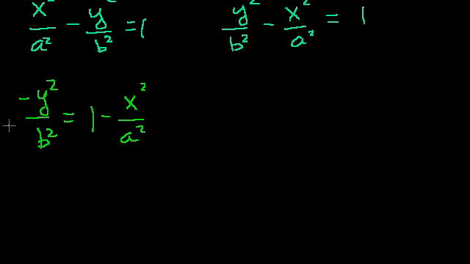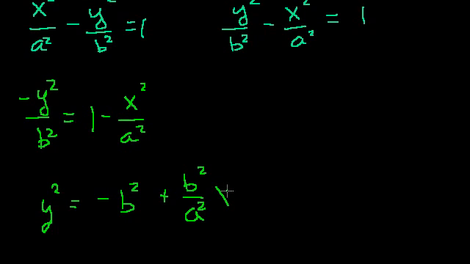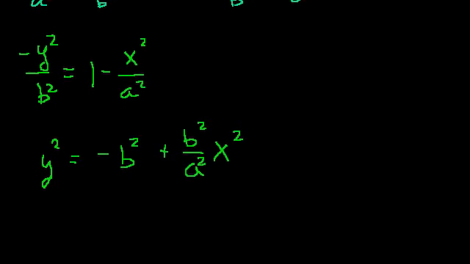If you multiply the left-hand side times minus b squared, the minus and the b squared go away, and you're just left with y squared is equal to minus b squared times a plus, which becomes a plus b squared over a squared x squared. We're almost there.